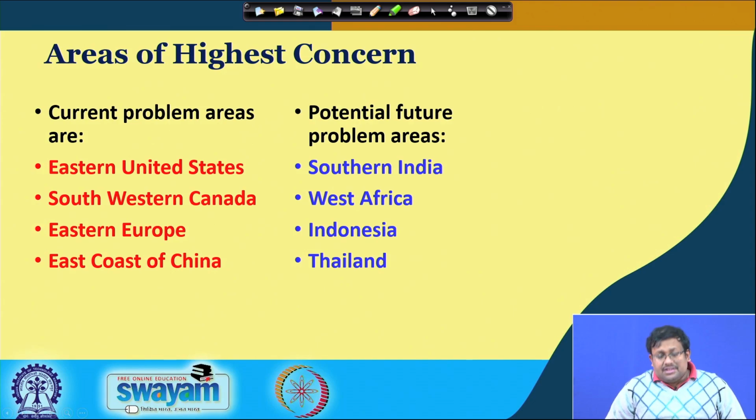So what are the areas of highest concern due to acid rain? There are some locations in the world which are worst hit by acid rain: first of all the eastern United States, then southwestern Canada, then eastern Europe and the east coast of China. However, there are some potential future problem areas which may develop this problem in the near future: southern India, West Africa, Indonesia and Thailand.